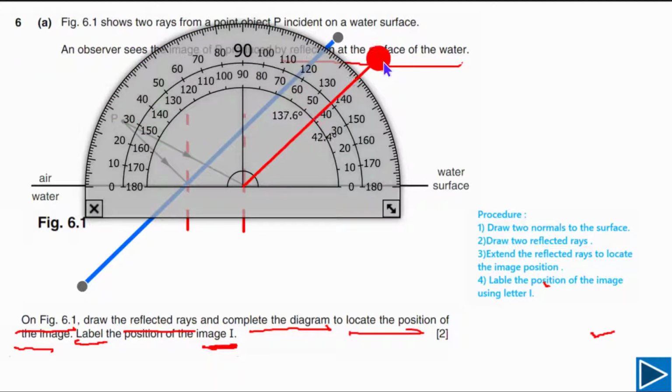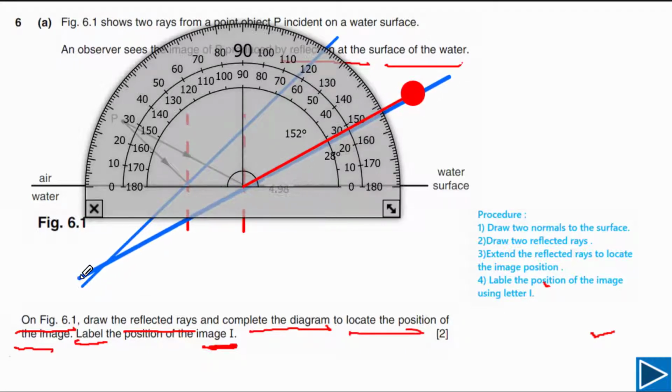So we will go to this side, and the angle of incidence has to be 62. Again we have to draw our reflected ray and we will extend this. This is our second reflected ray.